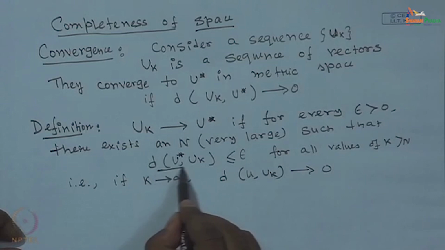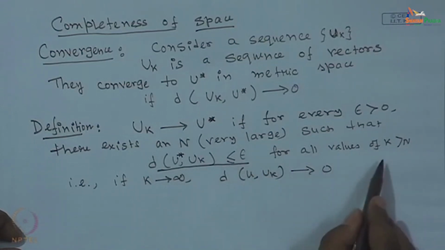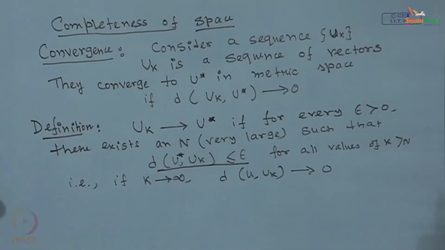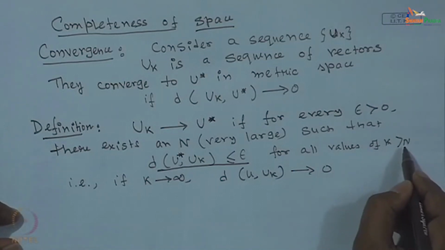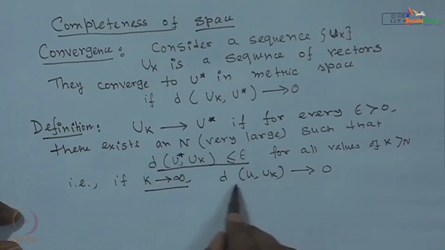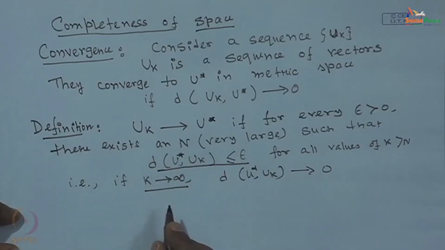This relationship holds for every value of k greater than n, where n is very large. In other words, as k tends to infinity, the metric between u star and u_k tends to 0. Then we call this sequence u_k a converging sequence.